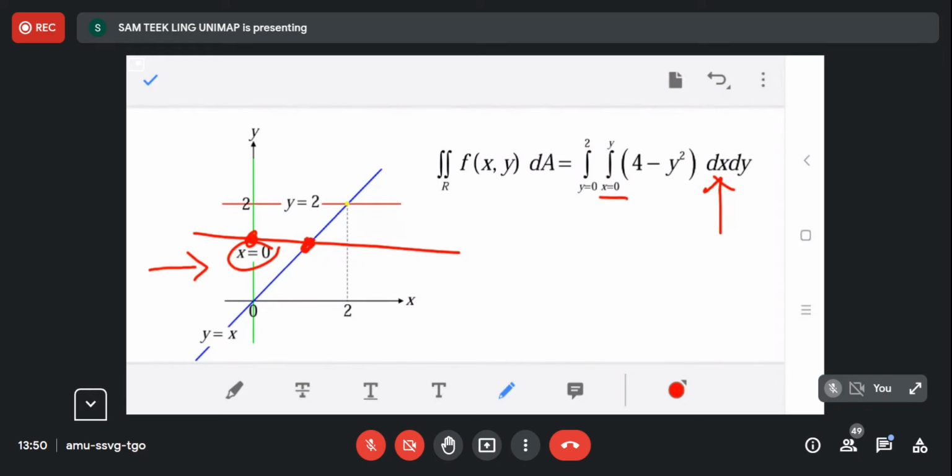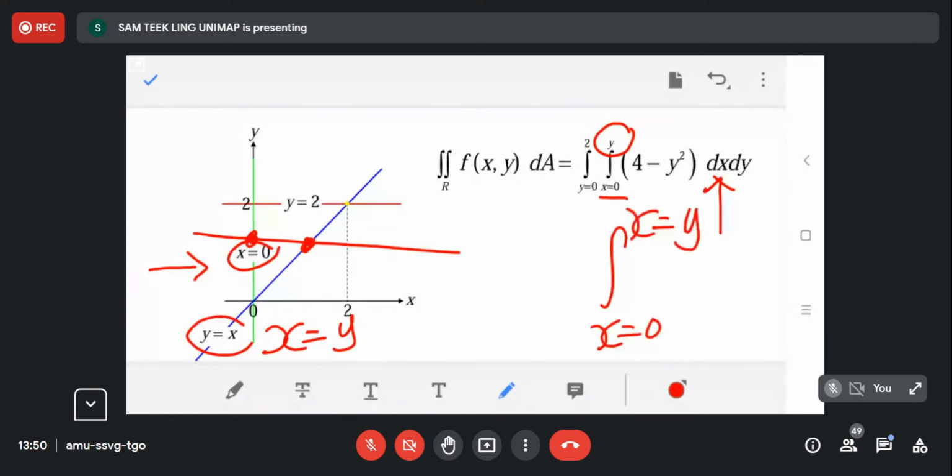Ending, the blue one is y equals x, so x equals y. So this limit is x from 0 to y.